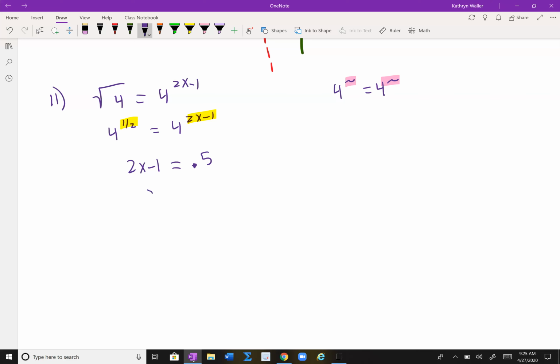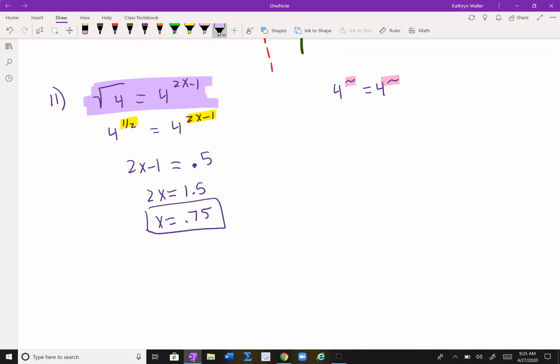I'm going to pull my 1 over. So I have 2x equals 1.5. Divide by 2, and I get 0.75. Okay, now you do not have to check this. You are not required to check this. The reason you're not required is because it wasn't given in log form originally, but you can check it very easily.